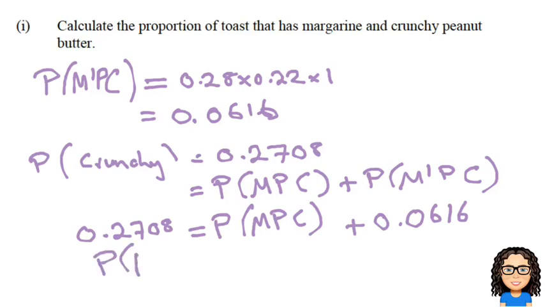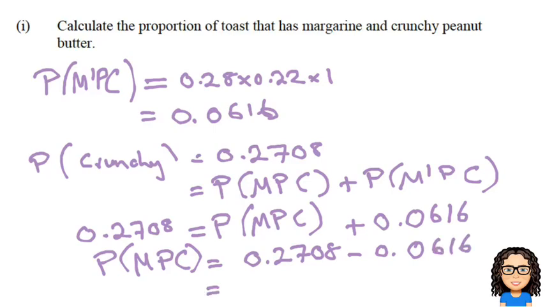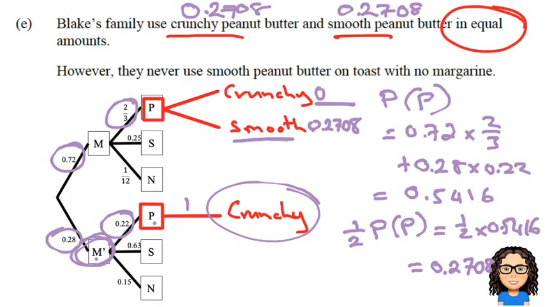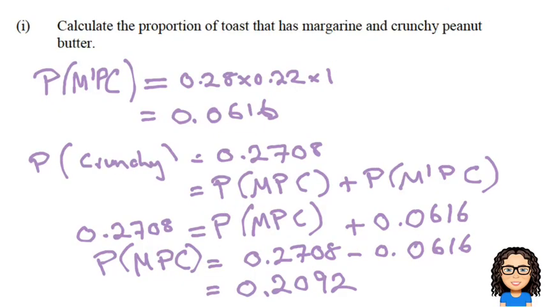So the probability of margarine and crunchy peanut butter is going to be 0.2708 take away 0.0616, and that will give you a value of 0.2092. That's our probability. The question itself says what proportion of toast has margarine and crunchy peanut butter? Well, that's the answer we're looking for there.